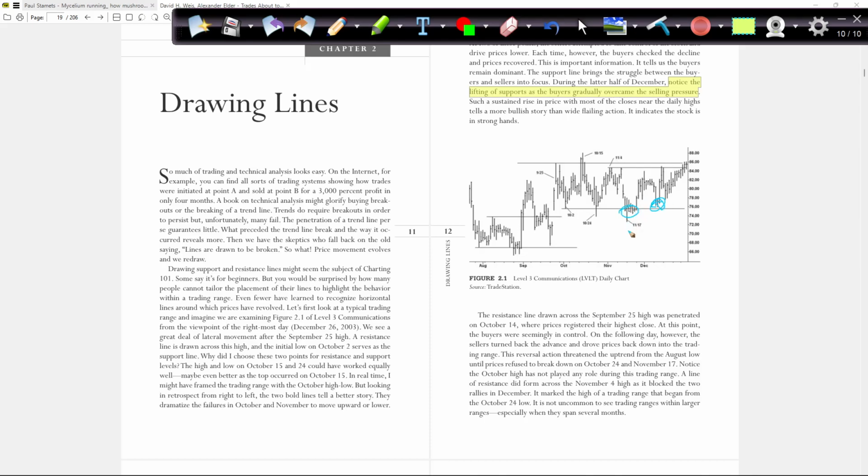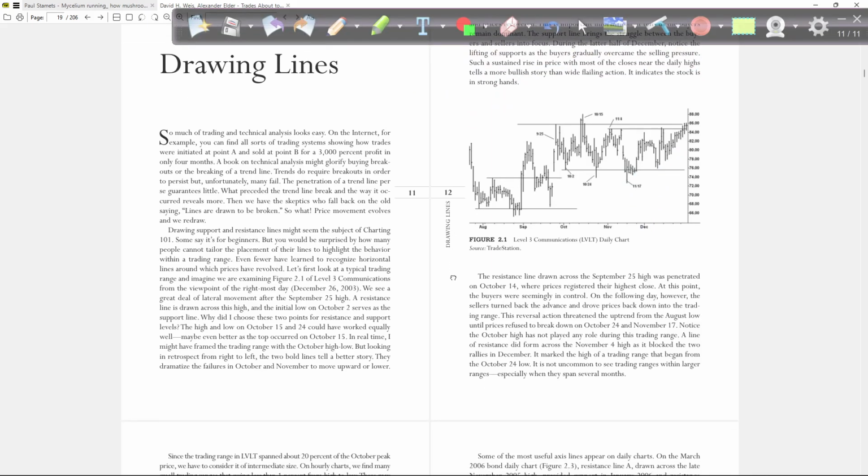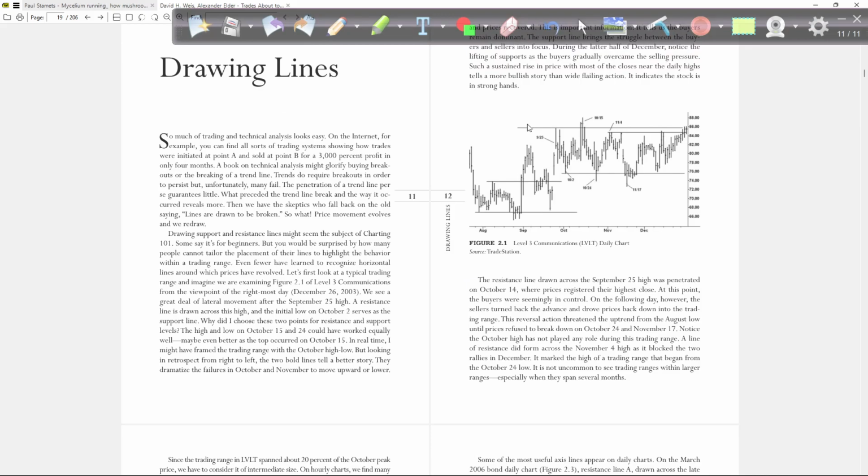The November one, this is the December one. Such a sustained rise in price with most of the closes near the daily high tells a more bullish story than whipsaw action and indicates the stock is in a strong trend. So we do see the complete story by drawing support and resistance.